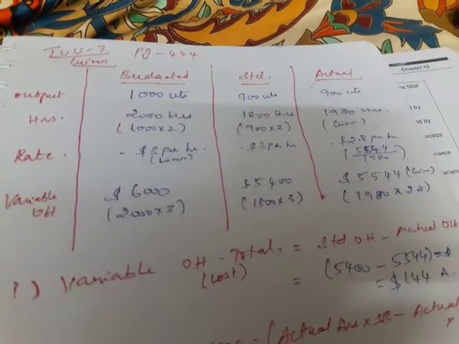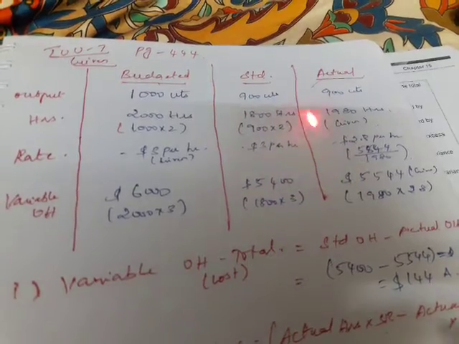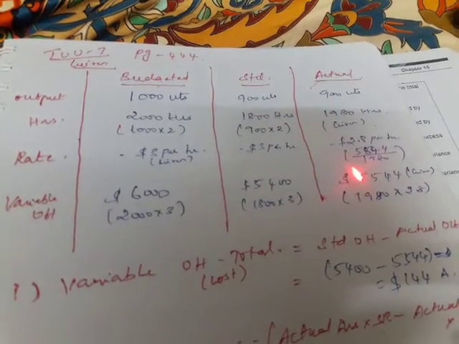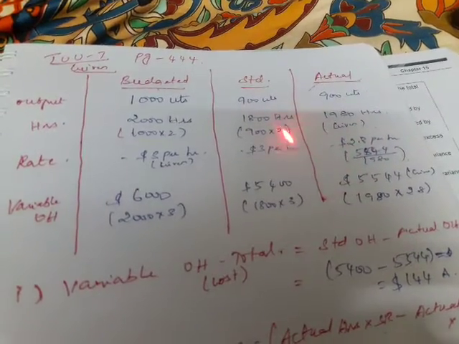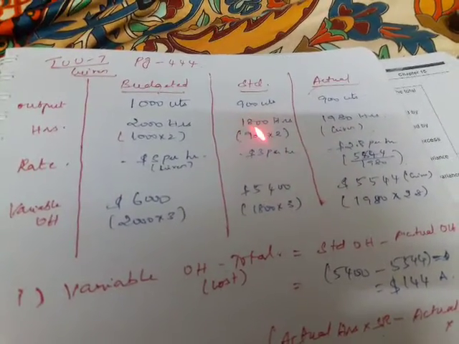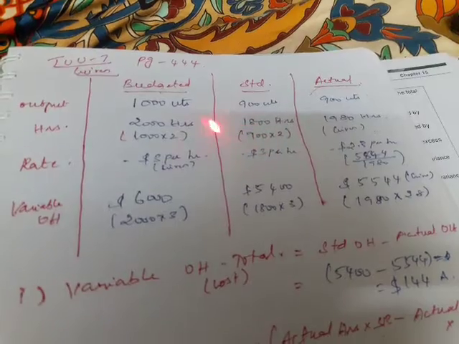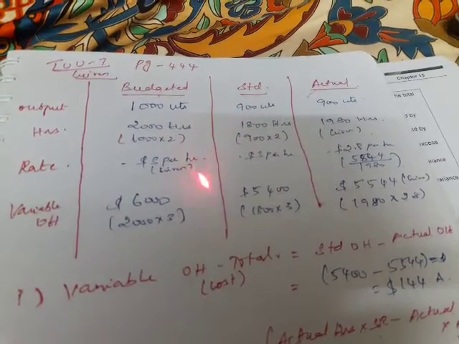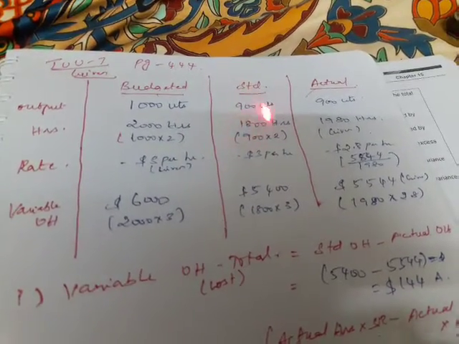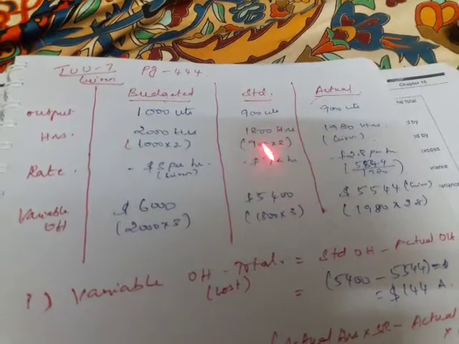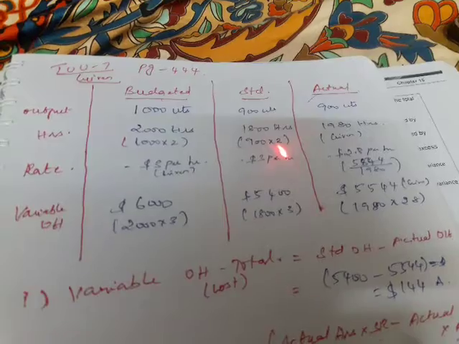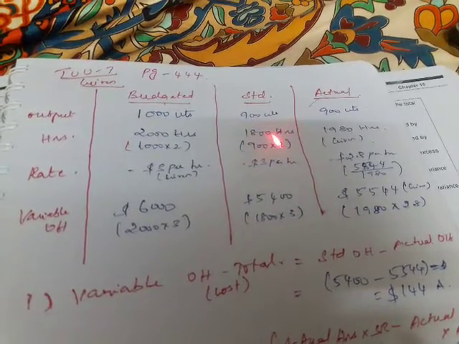Already we have studied, right? Standard hours for actual output, that's what we find in your material variances and labor variances. But here what you should do is find standard hours for the actual output. So 900 is your actual, so I have made it 900 into 2 hours, so 1800 hours.